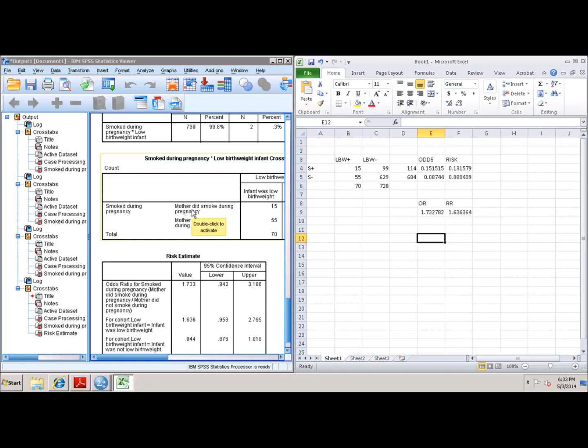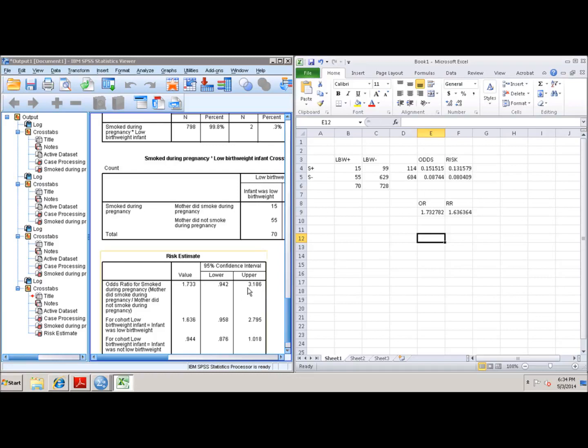There's one sampling distribution from mothers who smoked and one sampling distribution from mothers who did not smoke. And we want to determine whether the centers of these sampling distributions are equal, basically.